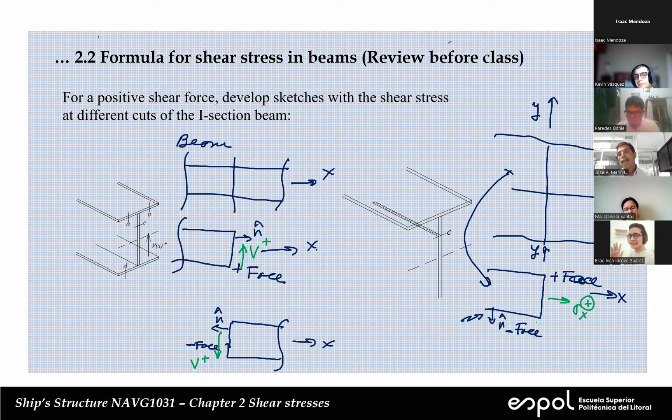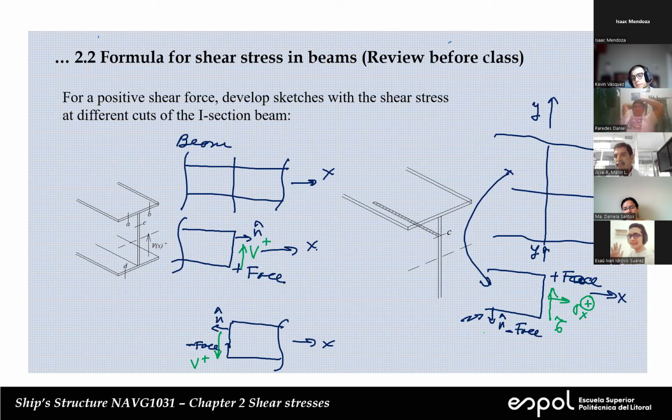But again, we could also have shear stresses. So on this side, we could have tau. Now, this is a positive phase. The positive normal stress tries to pull it, tries to elongate it.